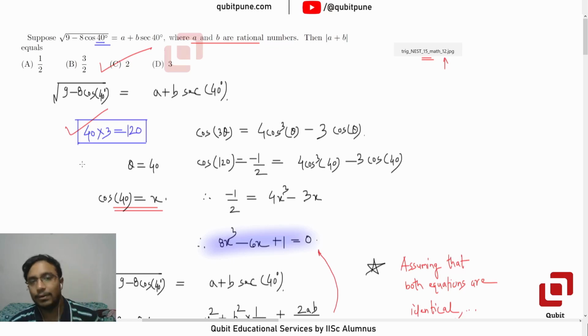For trigonometry problems, we know the basis. Our basis is the formulas that are available, and secondly, the standard angles 0, 60, in this case 120, or in some cases, who knows, it could also be 45 into 3. We need to be ready with such things in order to solve such interesting questions, right?